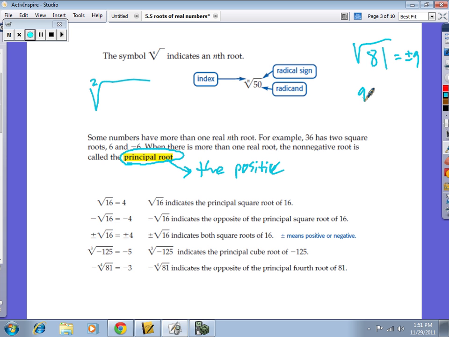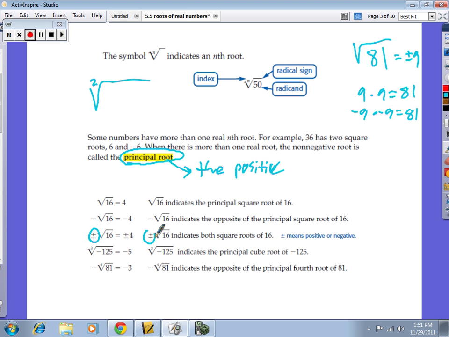Because a negative times negative is positive. 9 times 9 equals 81, but so does the negative 9 times the negative 9. That's also 81. So there are 2 roots, but we deal with mostly the principal root. What is the principal root? The positive root.